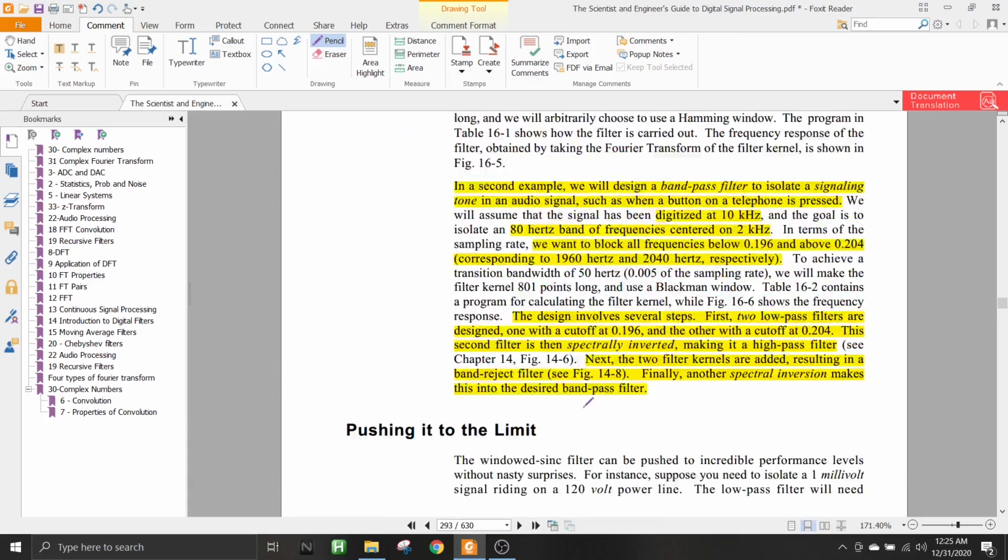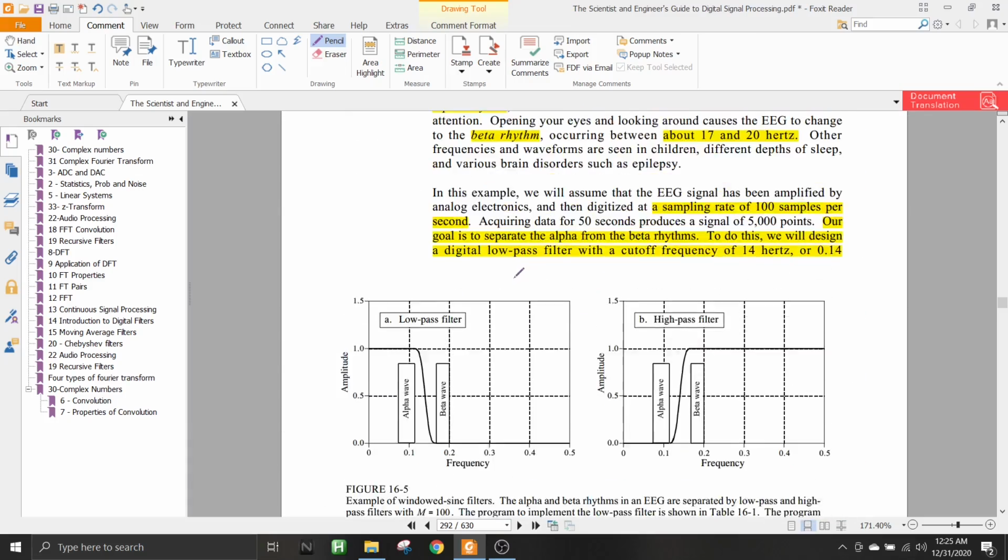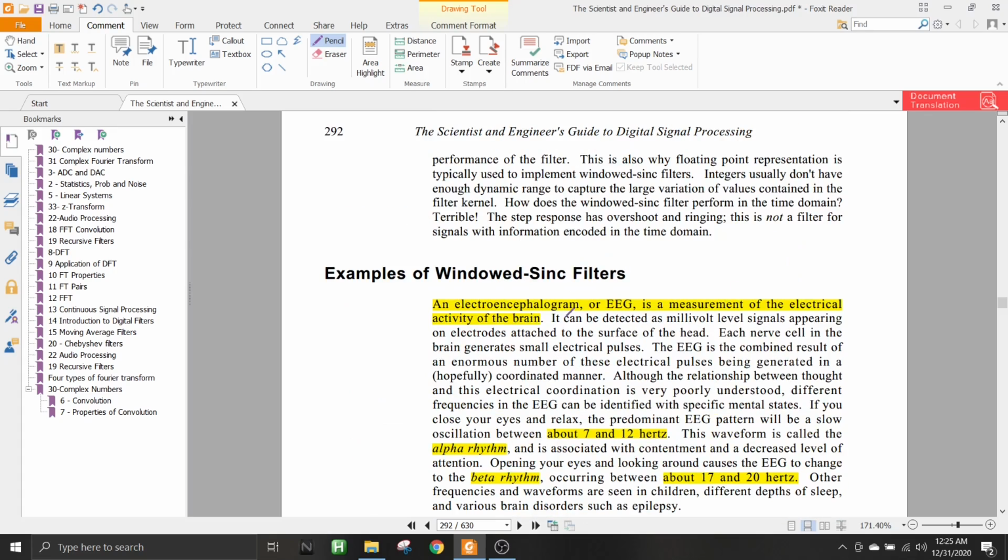So our final topic for this chapter will be the examples of window sinc filters. The first example that they're talking about here is the EEG, the electroencephalogram, which is a way to measure the electrical activity of the brain.